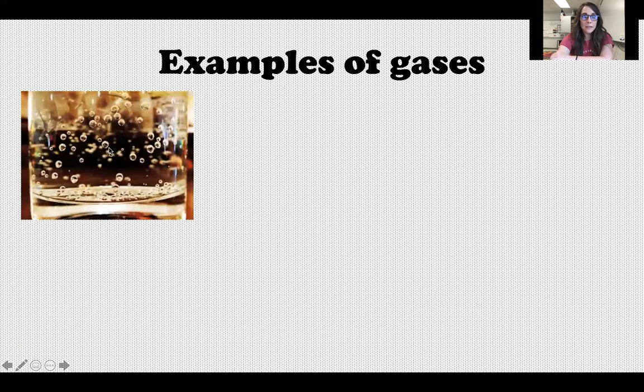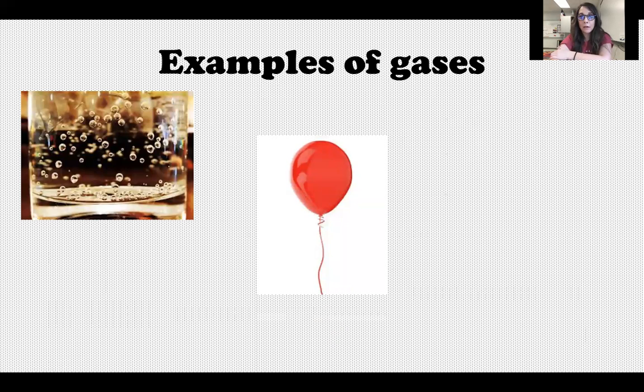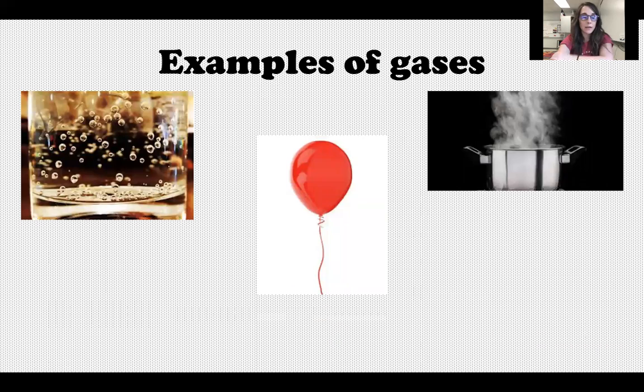The bubbles in a soda or any kind of carbonated drink that you drink, like Coke, Sprite, Pepsi, all those drinks with bubbles, that is a gas. The bubbles are a gas called carbon dioxide that gets dissolved into the liquid, and that's why they're bubbly like that. The air inside of a balloon, whether you blow it up with your mouth or it's at a store and they fill it with helium, both of those are gases.